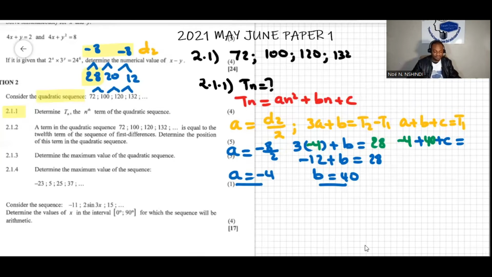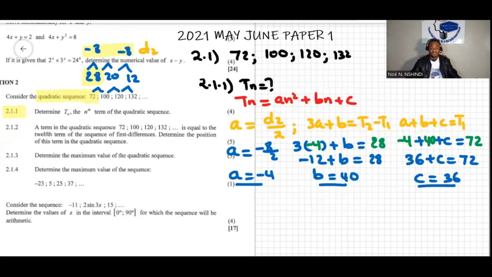And then T1 is the first term here, 72. Now, to work out C, we have -4 plus 40 is 36, plus C equal to 72. So if I move 36 over, I will have 72 minus 36. That makes C equal to 36 also.